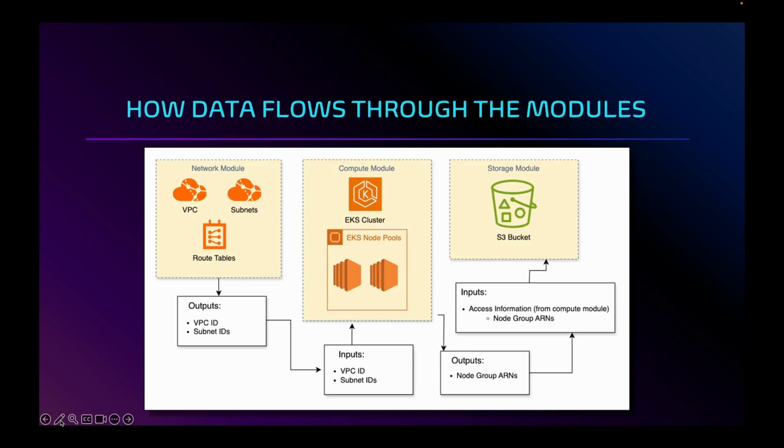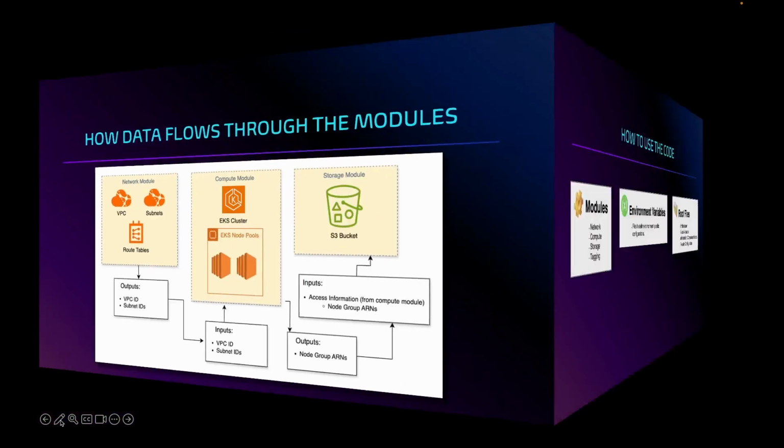Finally, the storage module provisions an S3 bucket and uses the node group ARNs to configure the correct IAM policies and ensure that our EKS worker nodes can read and write to the storage bucket. Each module builds on the previous one, ensuring that dependencies are managed correctly and our infrastructure is provisioned in the right order.